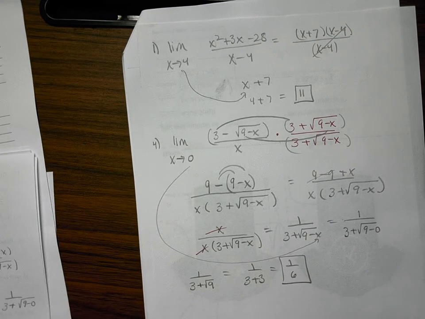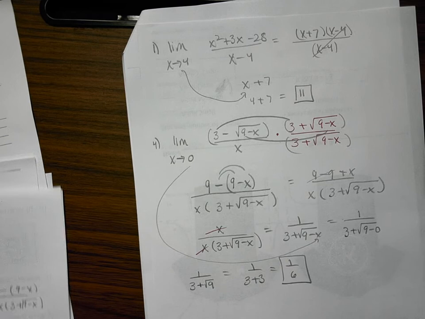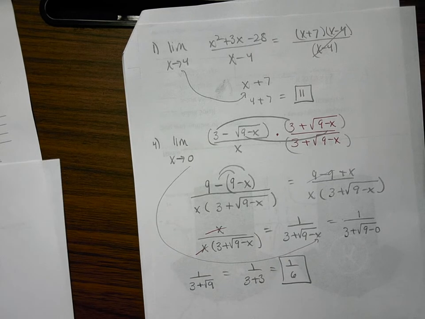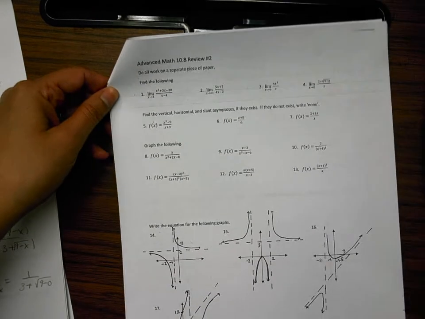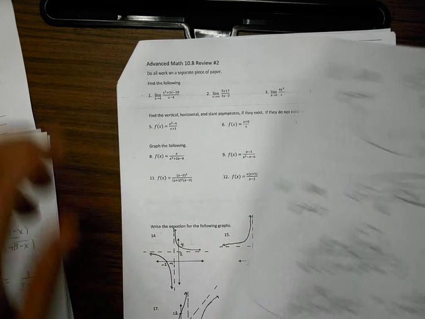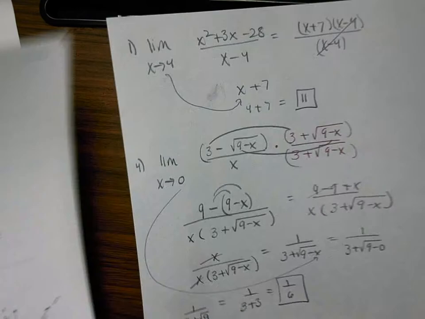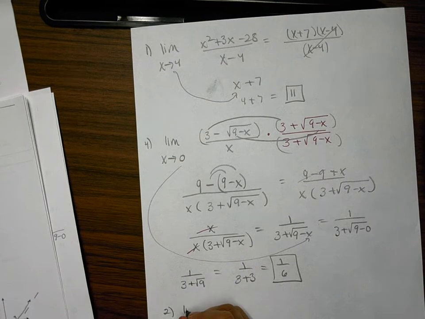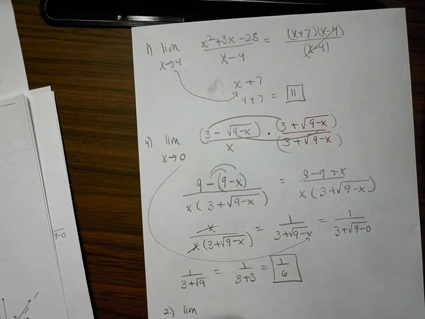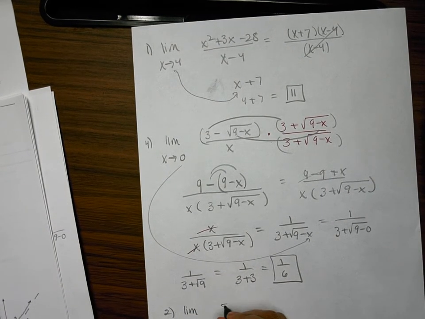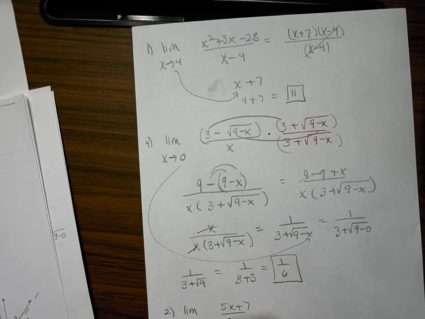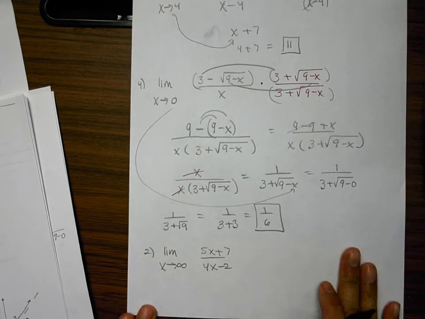Okay. Let's see. What is the next one I do want to do? I'll do number 2. I know that's backtracking, but I do want to talk about that one. Number 2, the limit as x approaches infinity of 5x plus 7 over 4x minus 2. You don't do any plugging in.